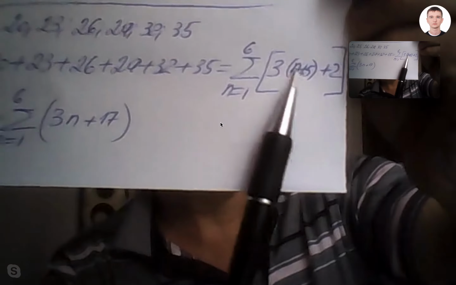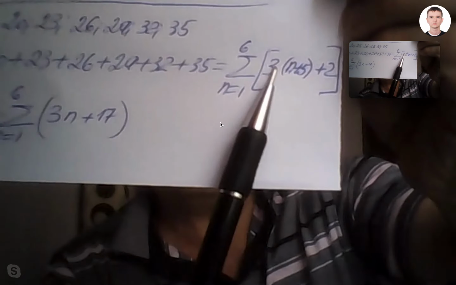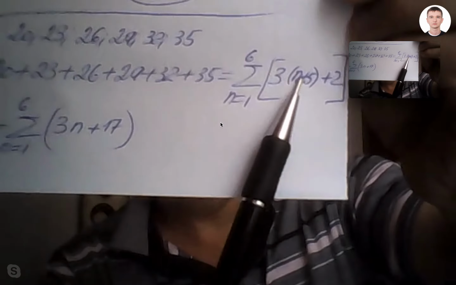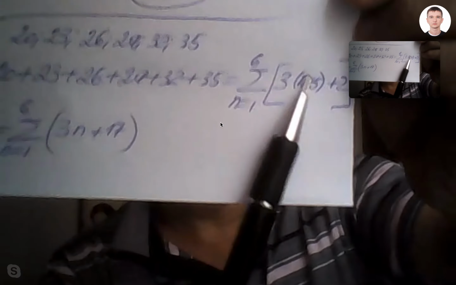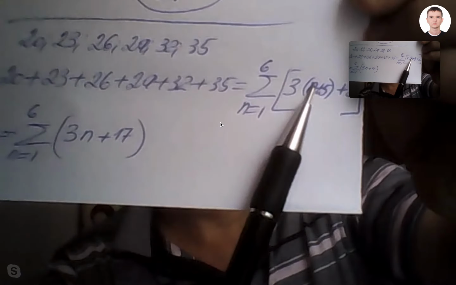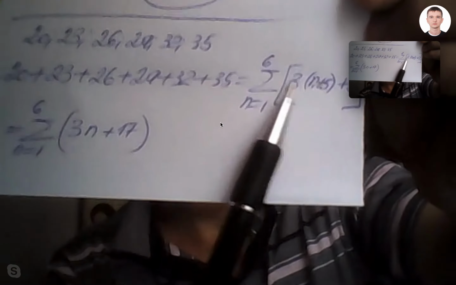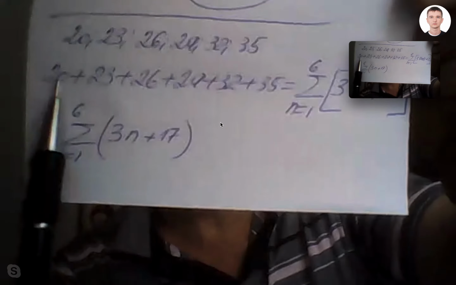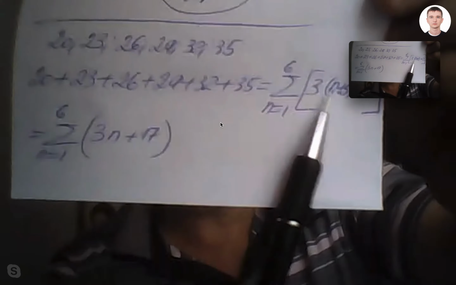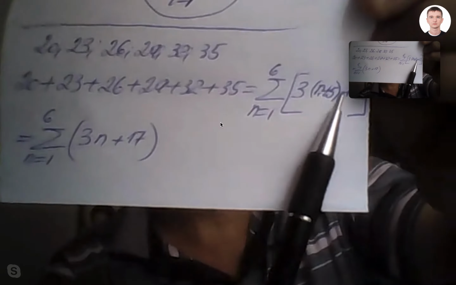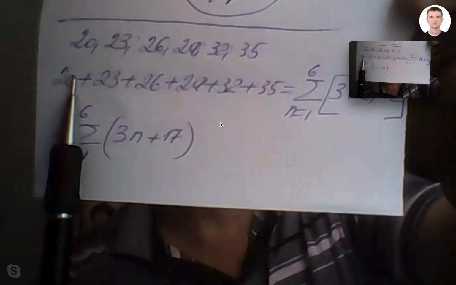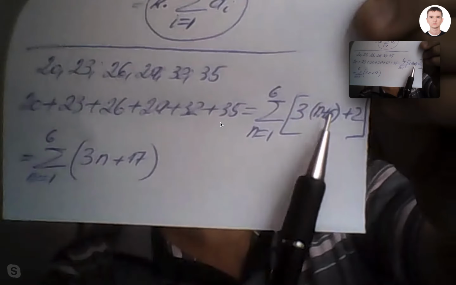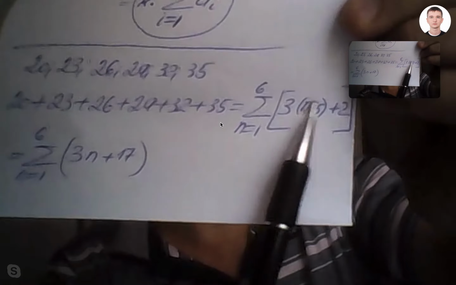Then we choose a number to multiply by 3 to get 18: when n equals 1, you have to add 5. So 3 times (n plus 5), plus 2 gives you 20. That's why the expression in the brackets is n plus 5.